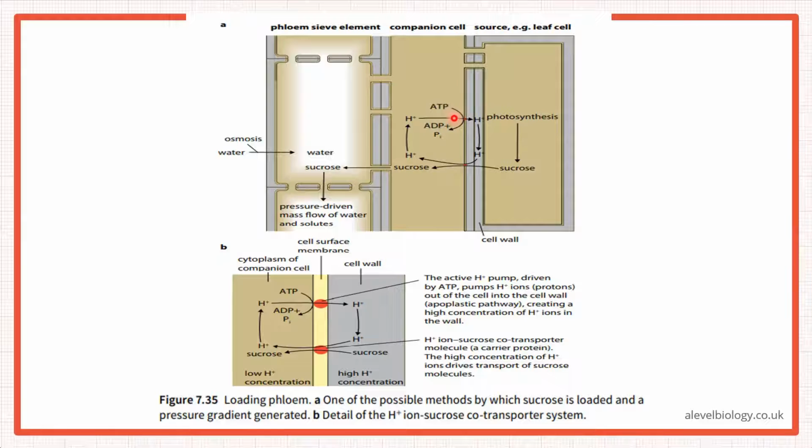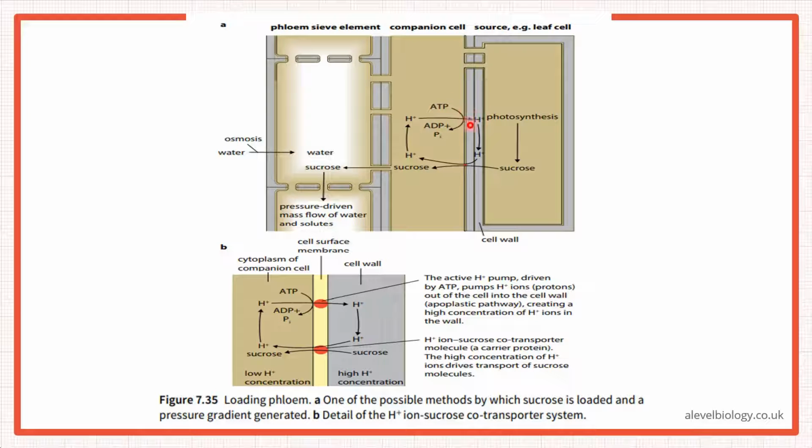So for the apoplast pathway, what happens is that we have these hydrogen pumps here along the cell wall, okay? Cell membrane, in fact, in the companion cell. So this hydrogen is actually pumped actively from the companion cell into its cell wall. Okay? So it is pumped out of the cell into the cell wall.